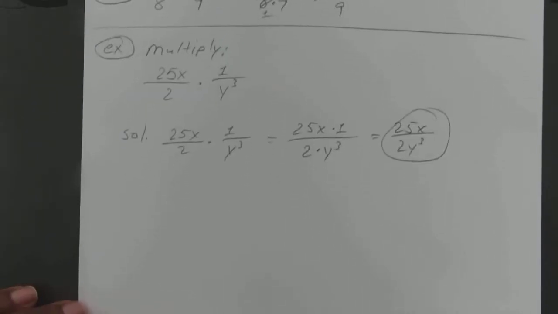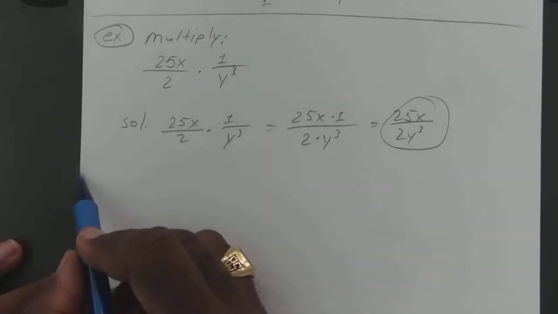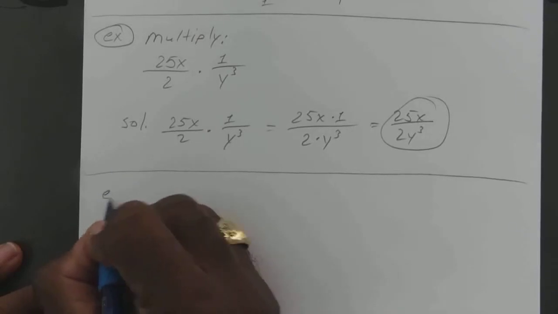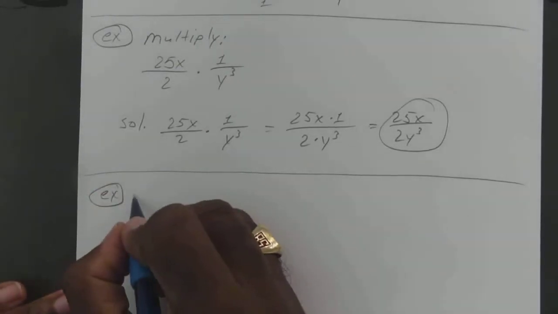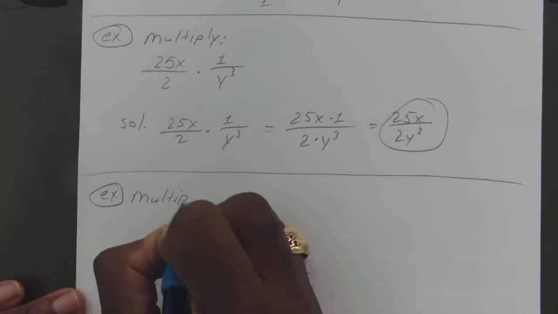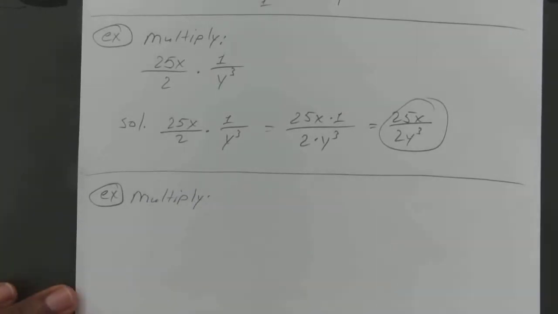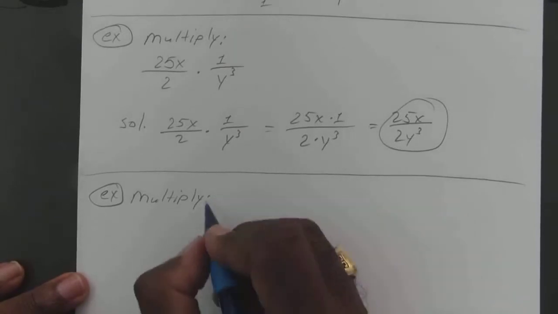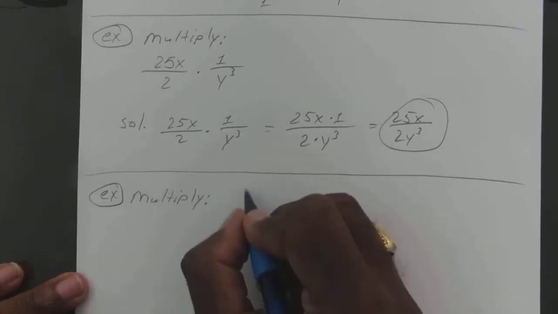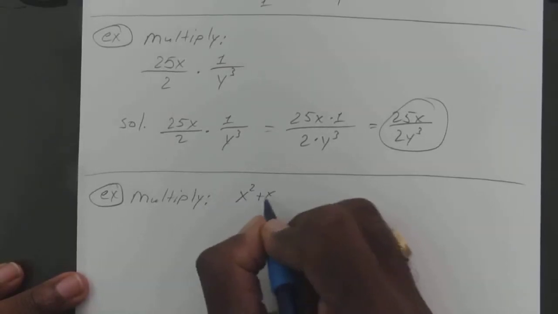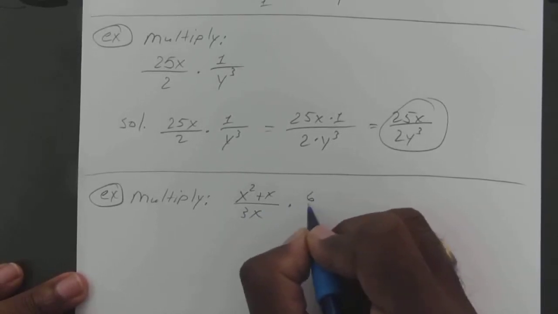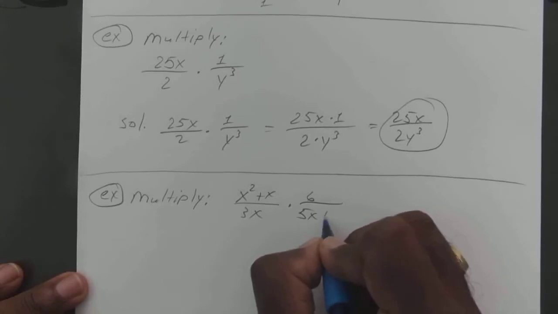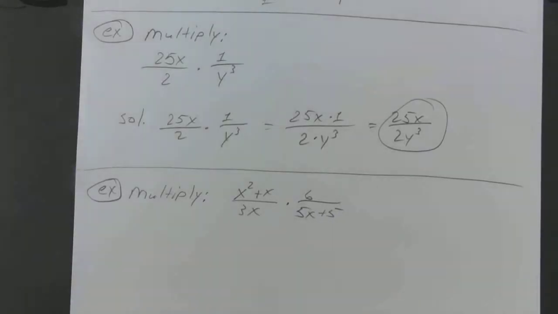Okay. Or let's say you even had one that's a little trickier. So if you want to multiply, let's say, x squared plus x over 3x times 6 over 5x plus 5.